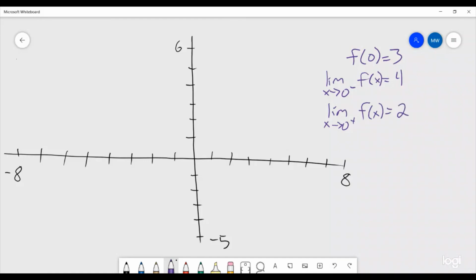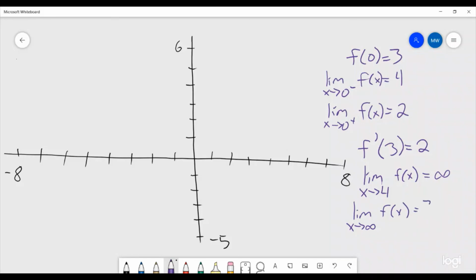We want f prime at 3 to be 2. We want the limit as x approaches 4 of f of x to be infinity. And then two more conditions. We want the limit as x approaches infinity of f of x to be 3, and we want the limit as x approaches negative infinity of f of x to be -2.